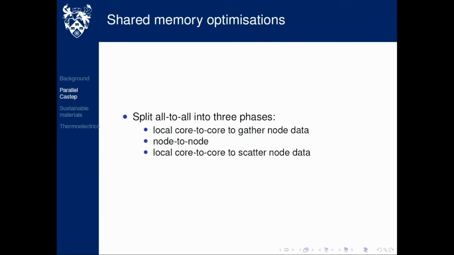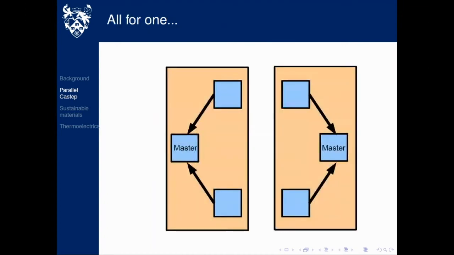So I've got, if you like, 3 conceptual phases. Everyone on a node gathers their data together into one message. Then one of you shares your big message with the other nodes, and then you've received some messages from those nodes, and one of you parcels that out to the other processes.